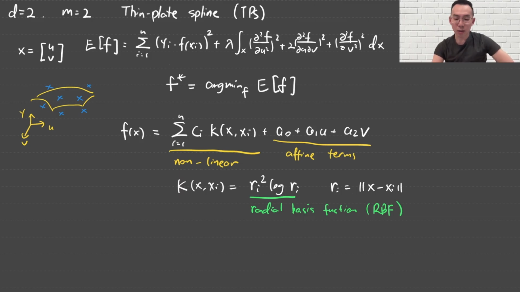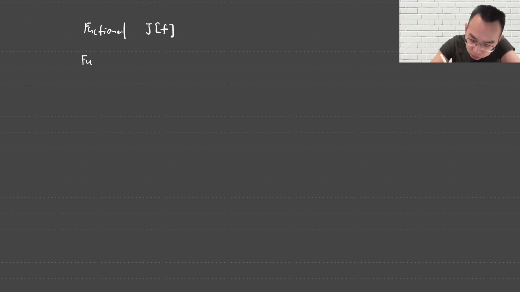And now let's see how we can derive this formula. Recall last time when we derived the one-dimensional smoothing spline, we followed this procedure. We start with a functional J of f, and then we define the functional derivative as this.